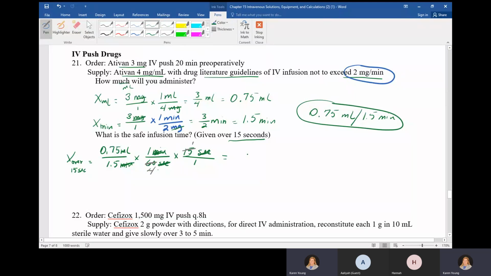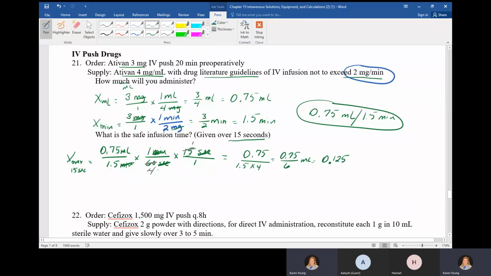So that will give me 0.75 over 1.5 times 4, so 75 hundredths over 6 milliliters. So the 0.75 divided by 6 is 125 thousandths of a milliliter.